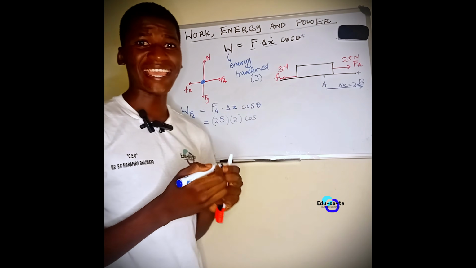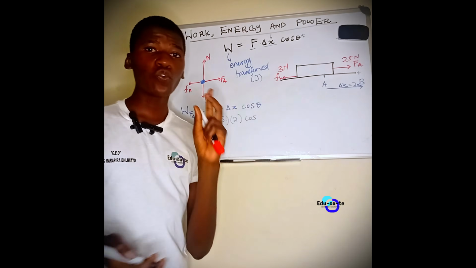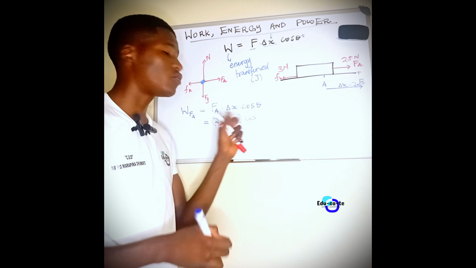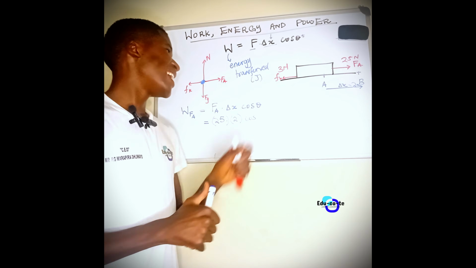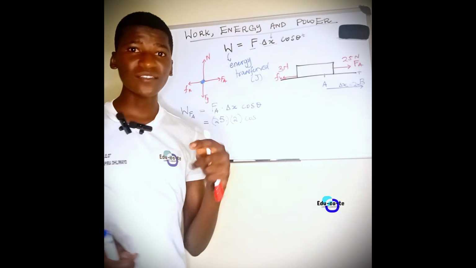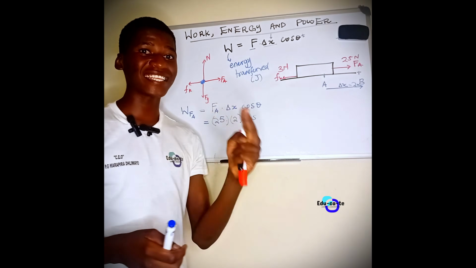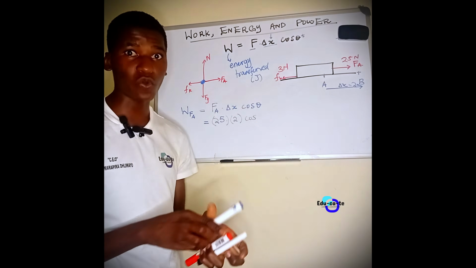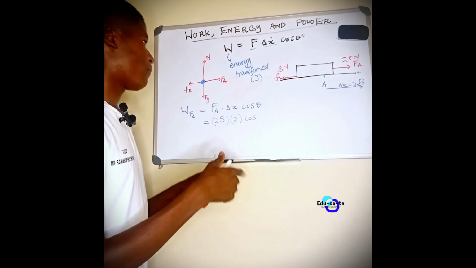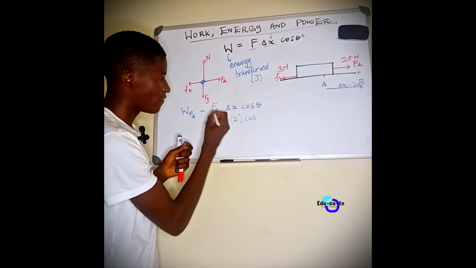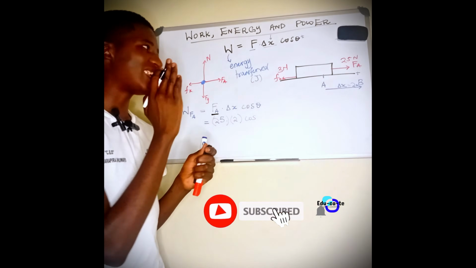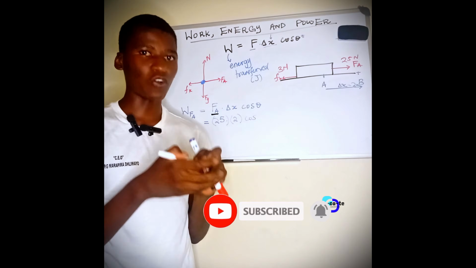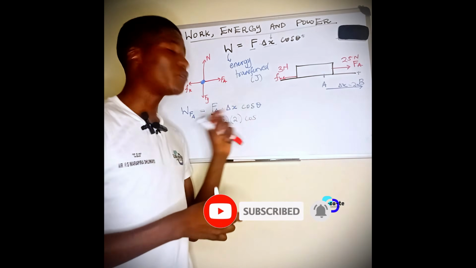Now let's talk about the angle. Theta has two possibilities when it comes to calculating work. Theta can either be 0 degrees or 180 degrees, depending on where your force is going. If the force that you are evaluating is going in the same direction as the object's motion, then you use 0 degrees.